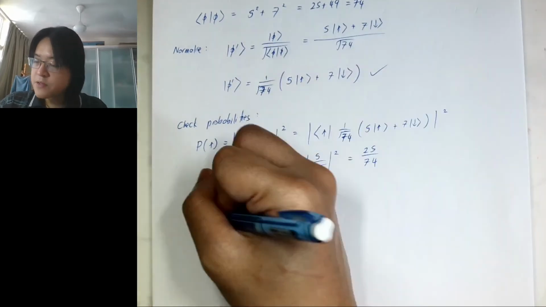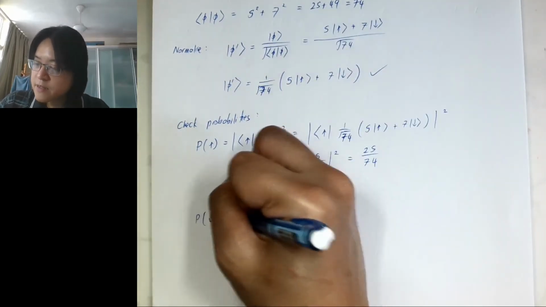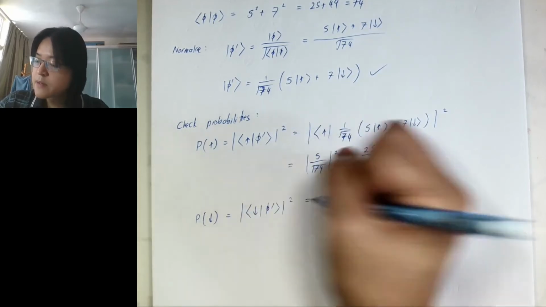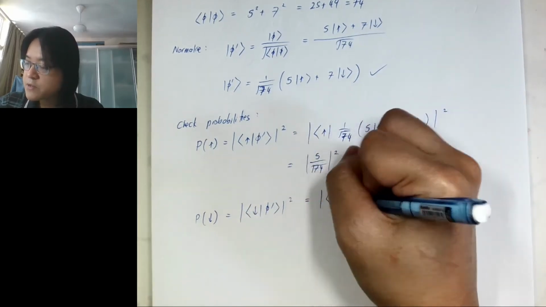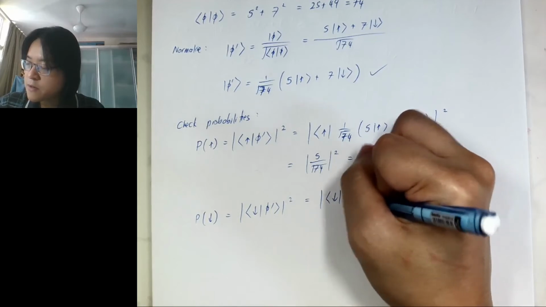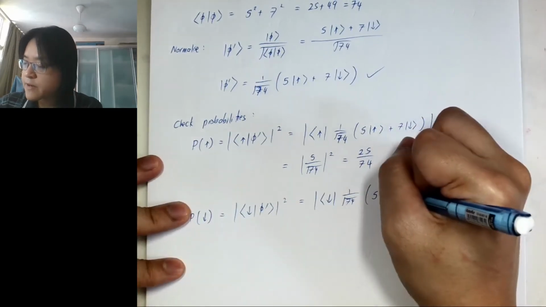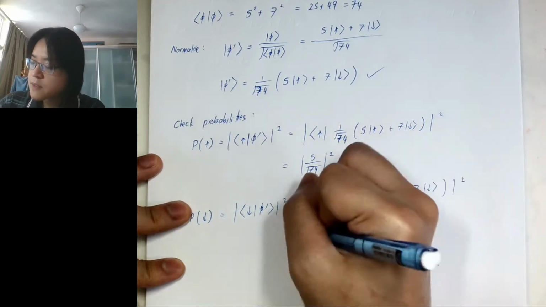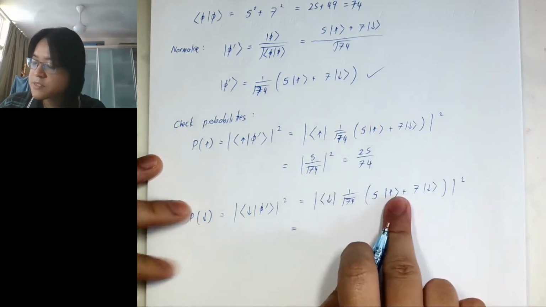Then you do the same thing for the down state. You act with the down bra on the normalized state. So 1 over square root of 74, acting on 5 up plus 7 down. This one times this, you get 0.